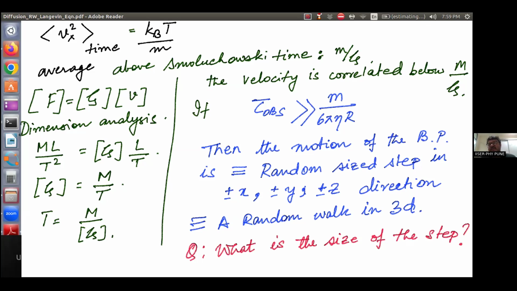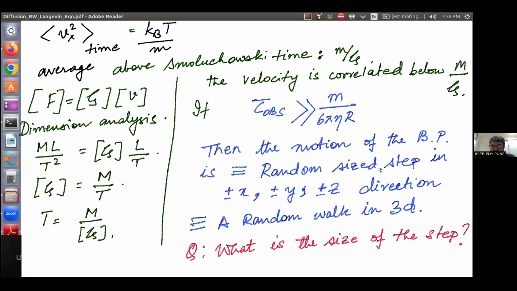The way you calculate correlation is the velocity at time t times the velocity at time 0, expectation average. Only if t, when you are calculating this, is greater than m by zeta will you see it completely uncorrelated. So above that time scale, essentially what you see is that the motion of the Brownian particle is in random directions.